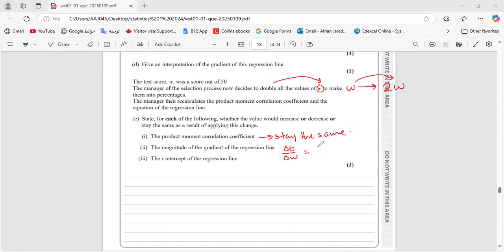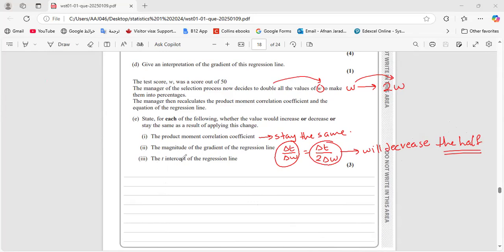So this one will be delta T over 2 delta W. So this one will decrease by half, from delta T over delta W to delta T over 2 delta W, because the manager multiplies only the values of W to 2W.